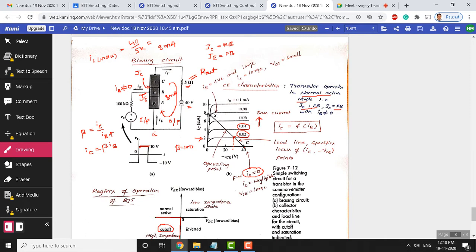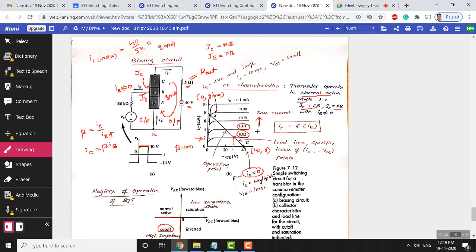So if you take this point as a coordinate VCE comma IC, it is 40 volts with IC 0 here, whereas here the voltage is 0 and IC is 8 milliampere. This is the point S corresponds to.